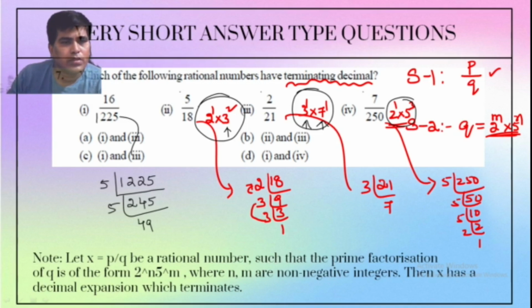Next it is, so what is the mistake here? 5 twos are 10, 5 fours are 20, 12 20, 12 25.